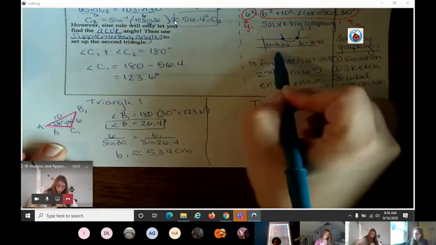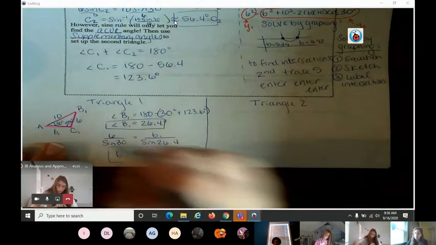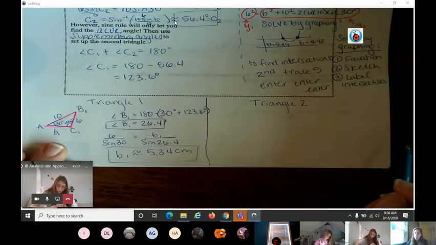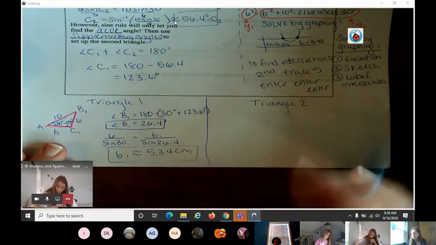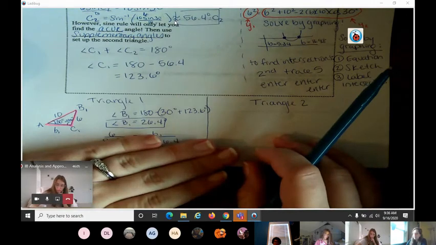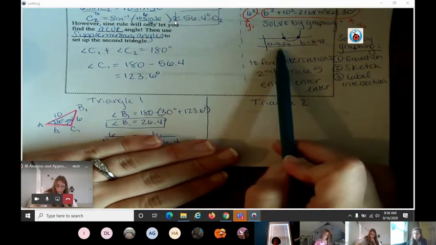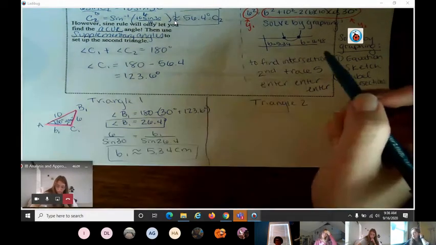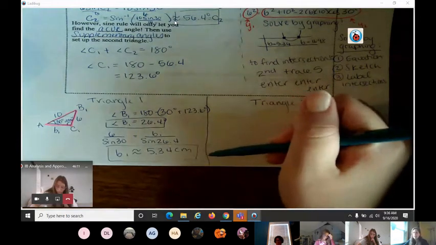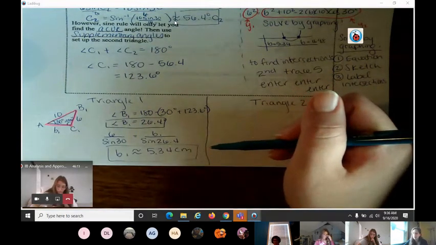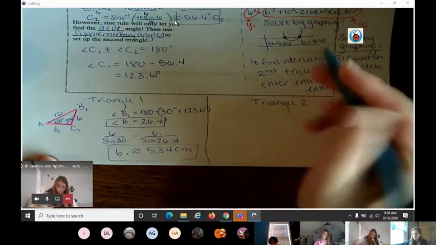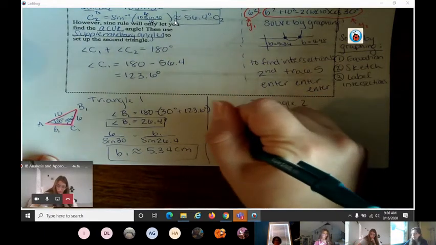So we know that that is the B1 that corresponds to our function. Okay, so we could have really honestly skipped this step and identified that our B1 was here from above. But if you want to solve it algebraically instead of using a calculator, you can do it that way as well.